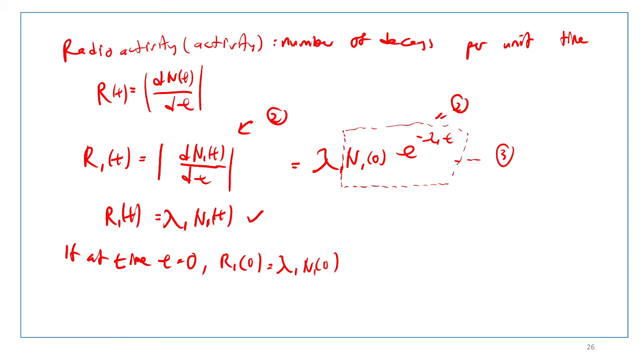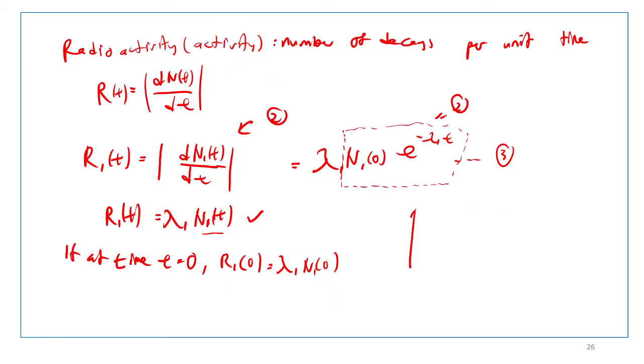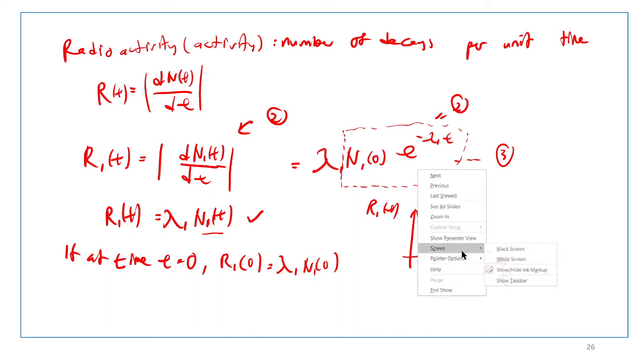As N1(t) decreases exponentially with time, you find that R1(t) also will decrease exponentially with time. It's a bad example.